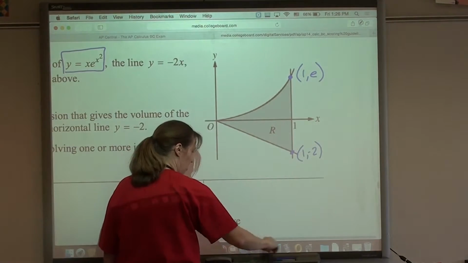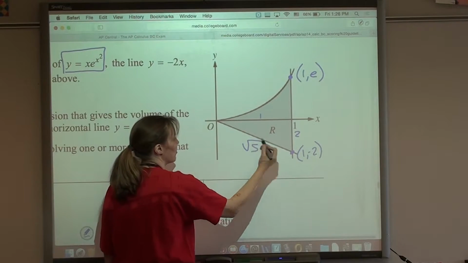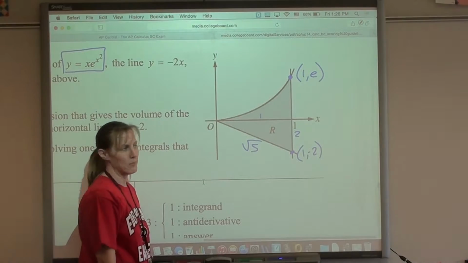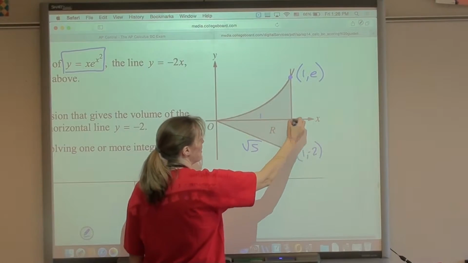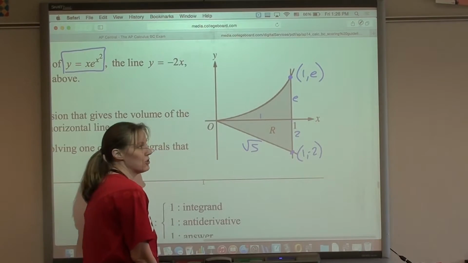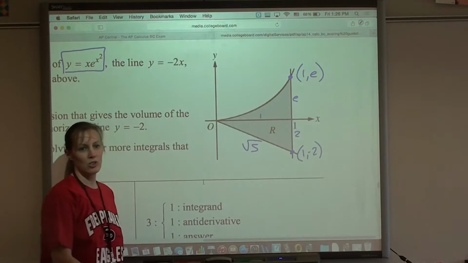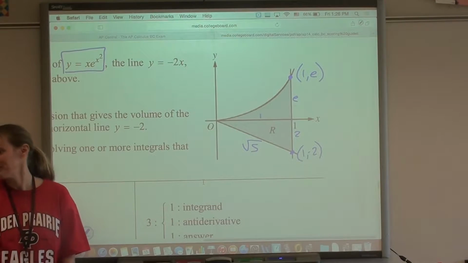Okay, so 2, 1, so this is root 5 just by the Pythagorean theorem. And then from here down is the length of 2, from here up is the length of e. So you have root 5 plus 2 plus e. So there's 2/3 of your perimeter.